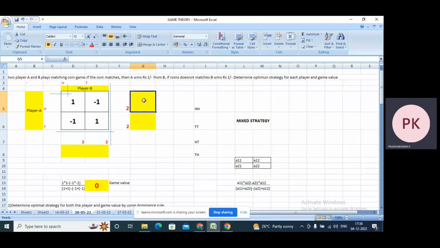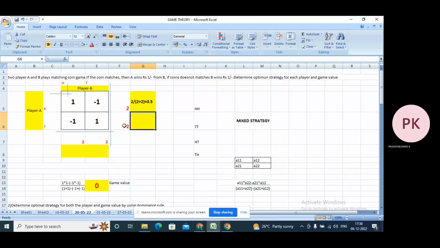So now let us see the matrix. How to find this value? This 2 divided by the sum of these two, that is 2 plus 2, we get 2 by 4, that is 1 by 2, which means 0.5.